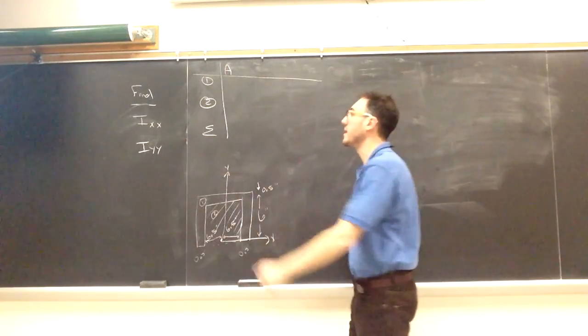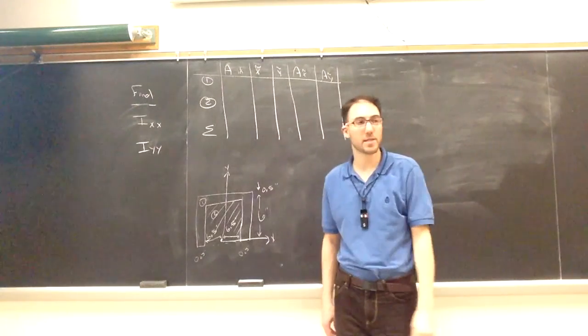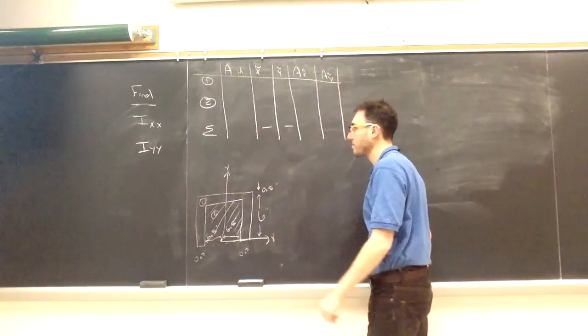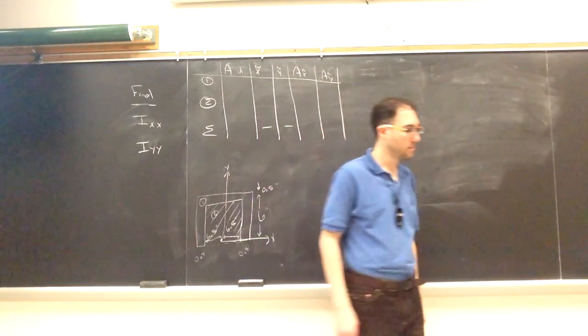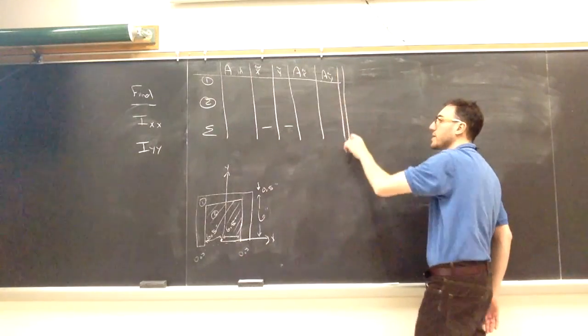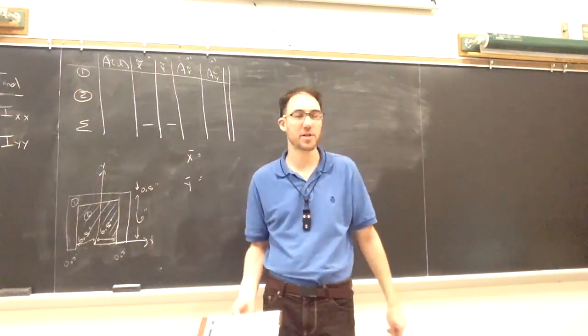So for each shape, I need its area, its x tilde, y tilde, A x tilde, A y tilde, and that we'll use to get our x-bar, y-bar. This is how I've decided to split up into shape 1, shape 2.